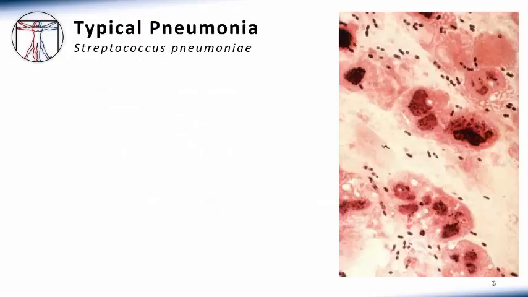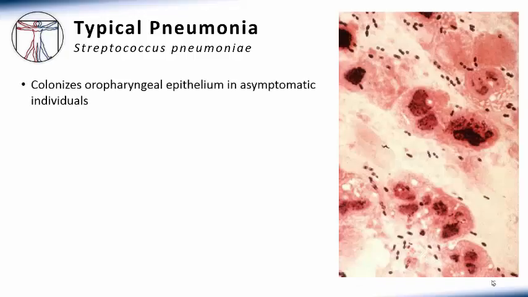Of the typical bacterial pathogens, the most common cause of bacterial pneumonia is Streptococcus pneumoniae, or the pneumococcus. Again, this organism can colonize the oropharyngeal epithelium in many healthy and asymptomatic individuals, and it's only when it reaches the lungs that it's actually able to cause pneumonia.